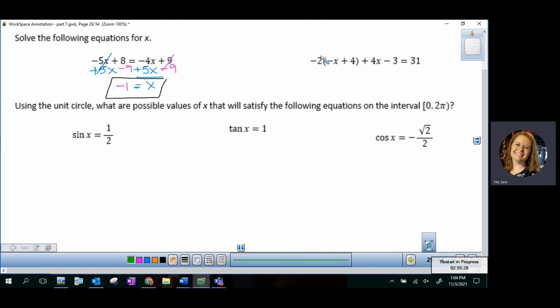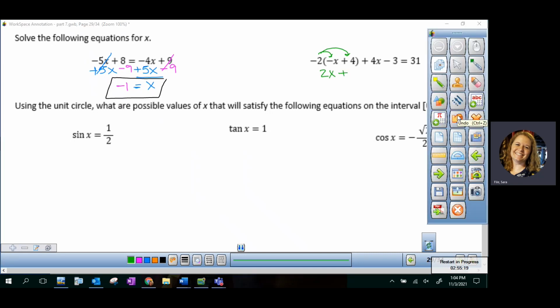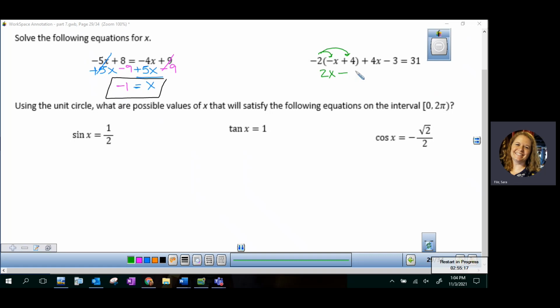On the second one here, you had to distribute first. So that would be 2x minus 8 plus 4x minus 3 equals 31. So you have some like terms over here that you can combine. So that is 6x.